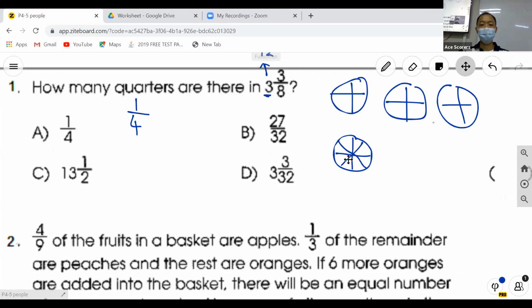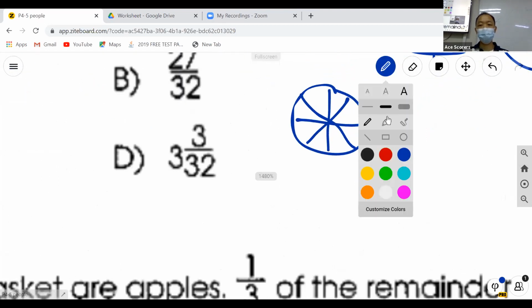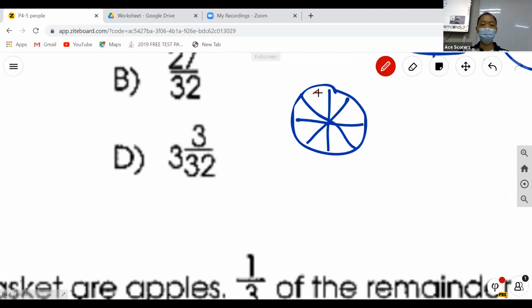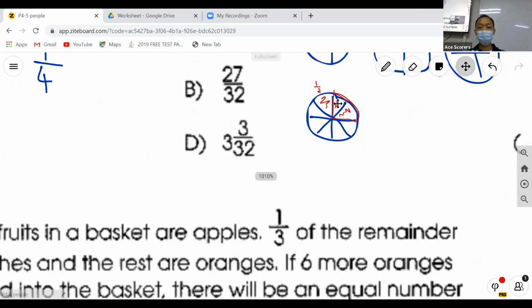Now, how many quarters are there in 3 out of 8? What does 3 out of 8 look like? 1, 2, 3. Okay, so I have 1 here. Can you see this is 1 quarter, and I have a half, 1.5 quarter. So this is 3 out of 8, right?